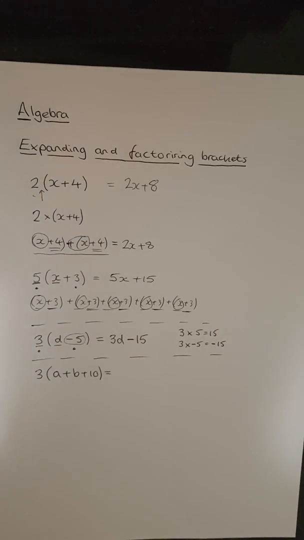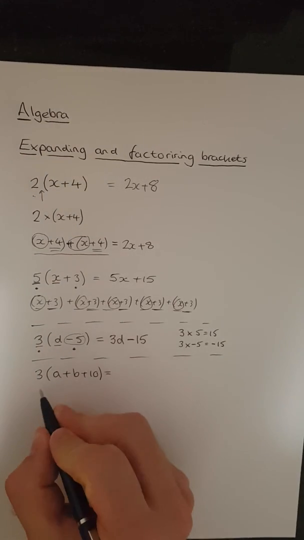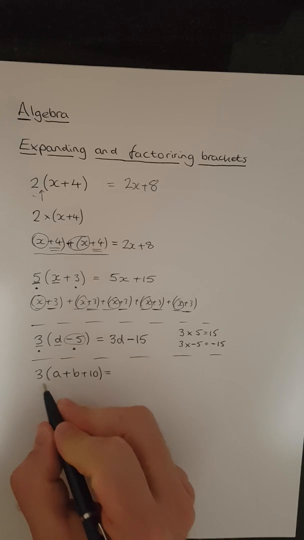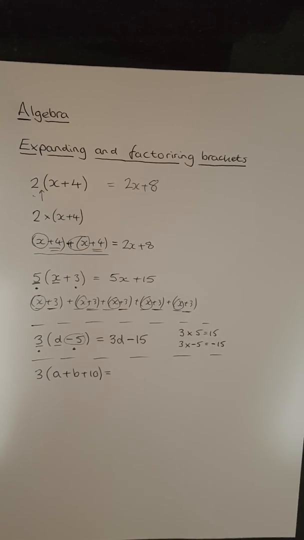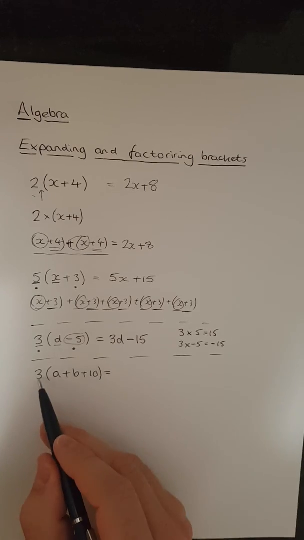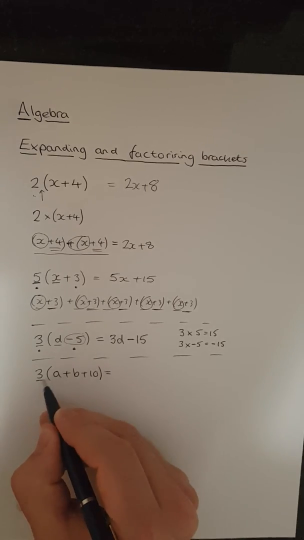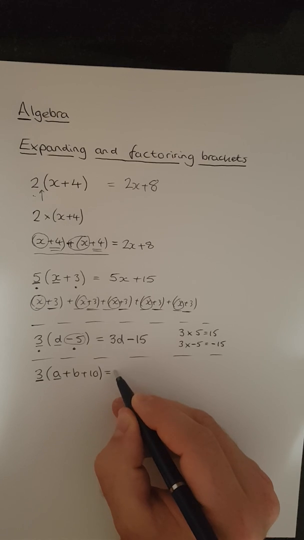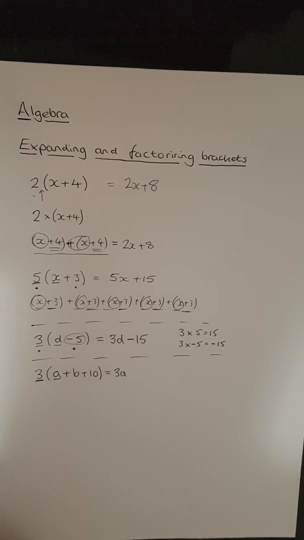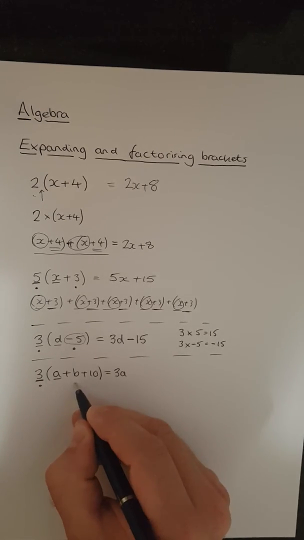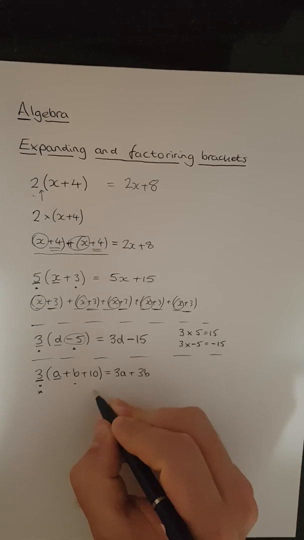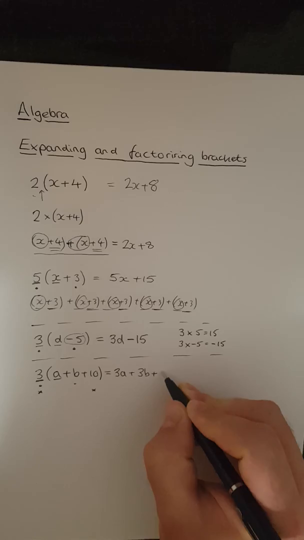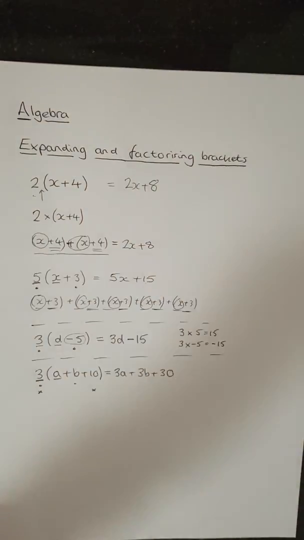Okay. I want to do 3 times the first one and 3 times the second one here. But actually it's 3 lots of everything. So it's 3 lots of this, 3 lots of this, and then 3 lots of that.